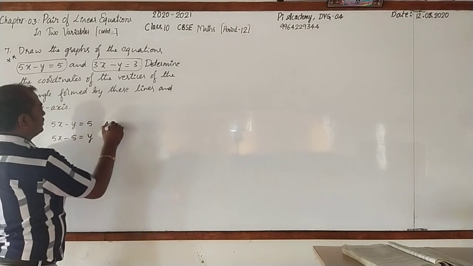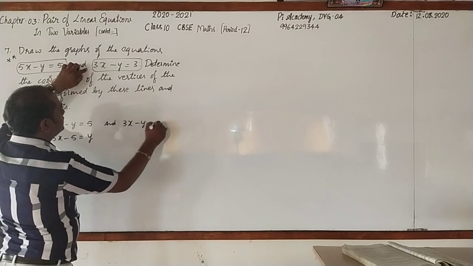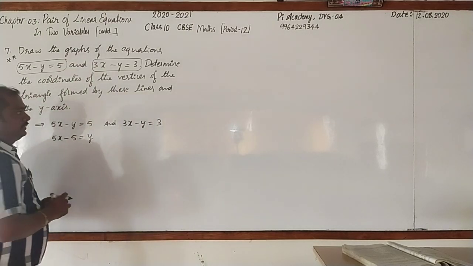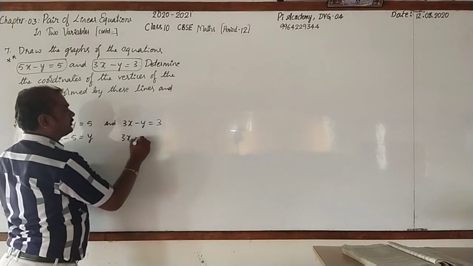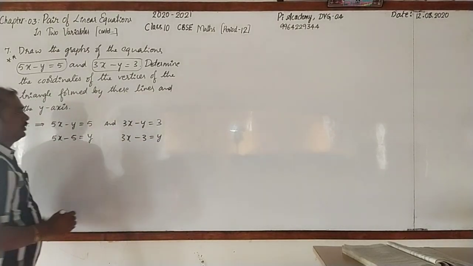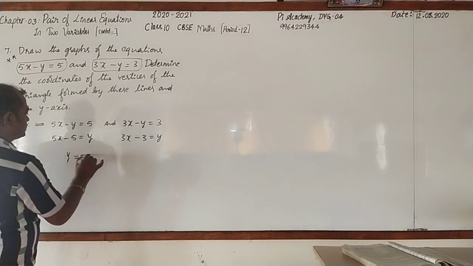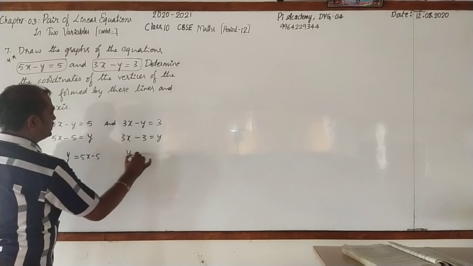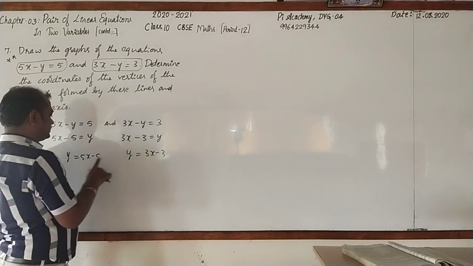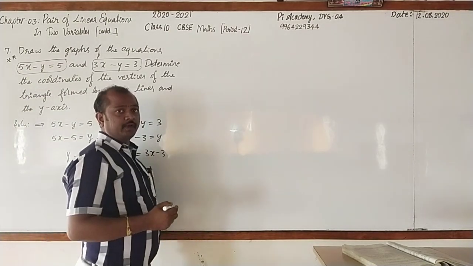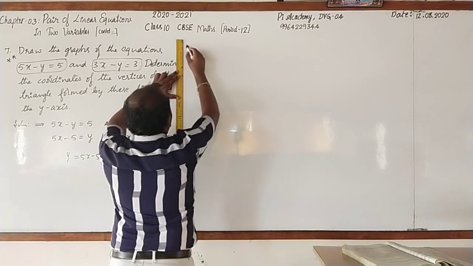Similarly, another one is 3x minus y is equal to 3. Then 3x, transfer 3 to the left hand side, minus 3. This is equal to y. So here y is equal to 5x minus 5 and y is equal to 3x minus 3. Y is written in terms of x. Now let us find the coordinate points of these two equations.